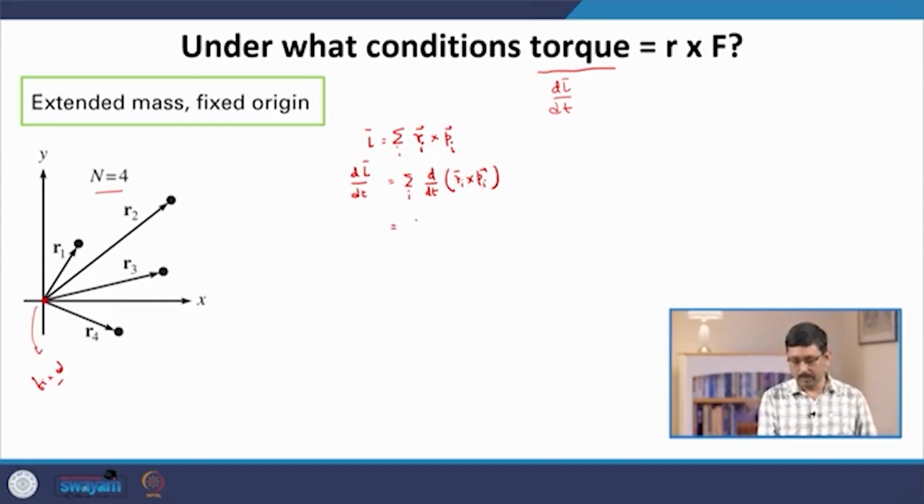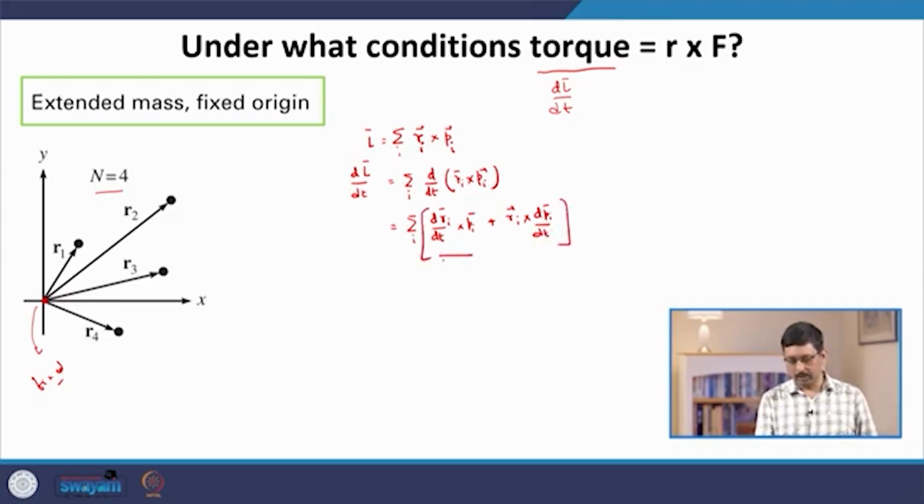Now, this one as before will be dr i dt cross p i plus r i cross dp i dt.